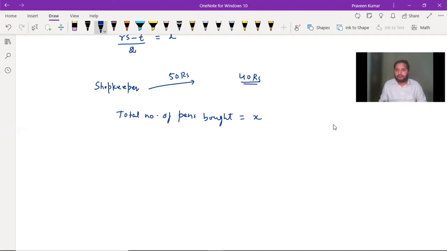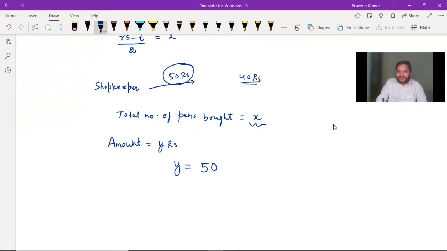The amount to be paid by the person to the shopkeeper, let us say the amount is y rupees. So we can clearly say y will be equal to, he has paid 50 rupees for the first pen. Total pens, he bought x pens, and for one pen he has already made the payment.